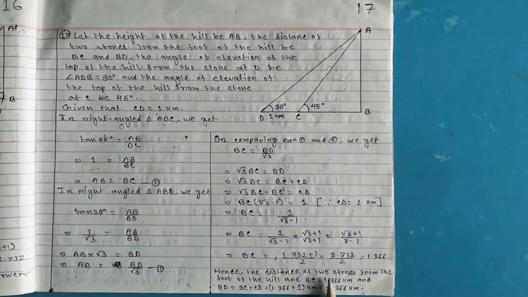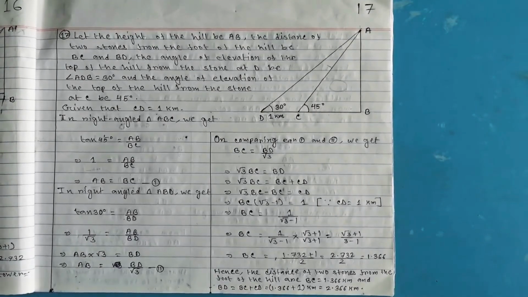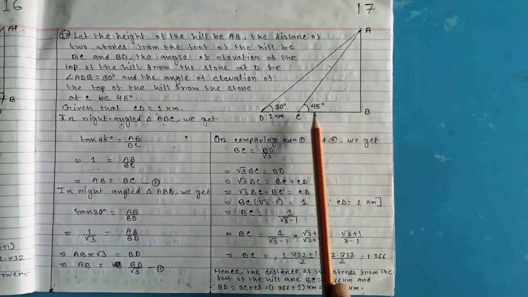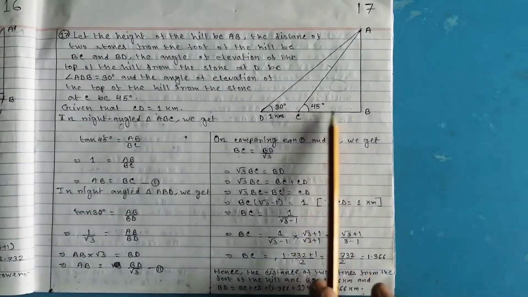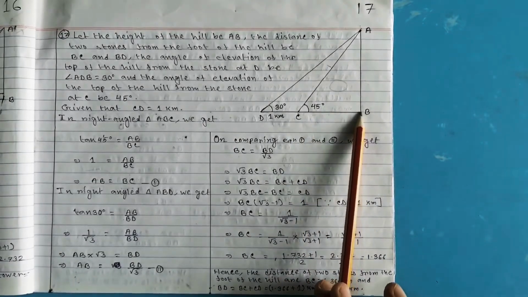So hence the distance of the two stones from the foot of the hill, BC equals, oh sorry, in this question you have to find the distance between the foot of the hill and the milestones, not the height of the hill. So this is the distance between the first milestone and the foot of the hill, that is BC.